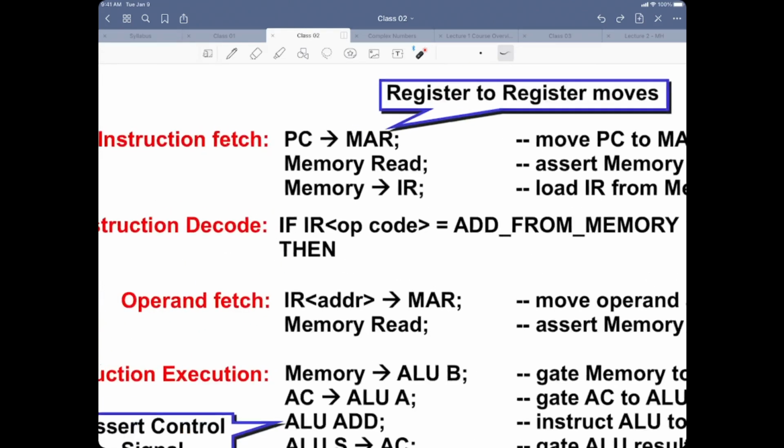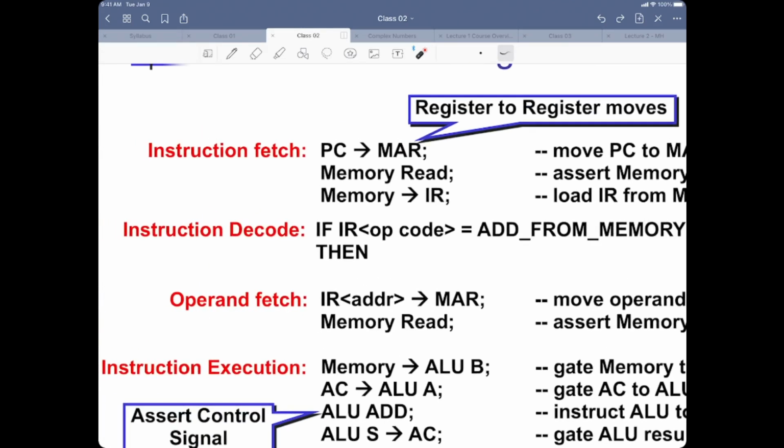Next, instruction decode. What are we doing here? We are essentially comparing the opcode bits with a lookup table entry for add from memory, right? So each instruction, who's going to do that?